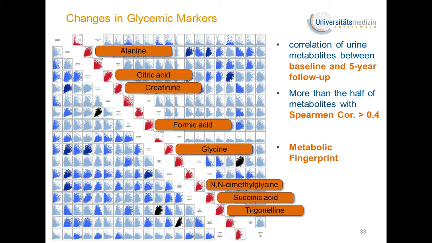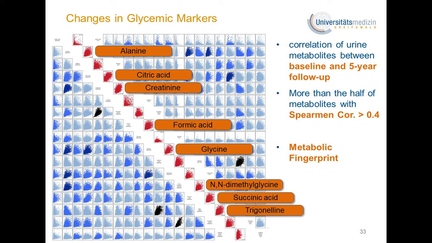And when we look at the data of the urine metabolome measured at the baseline and 5 years later, which are correlated with each other, then we see that there are a lot of analytes which have quite a good correlation between the concentration in the baseline urine and in the urine after 5 years of follow-up.